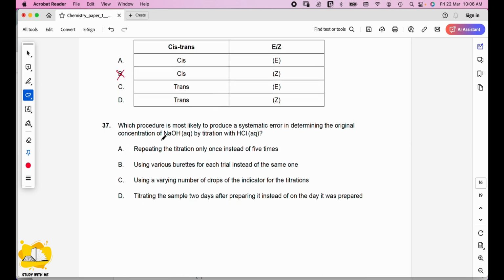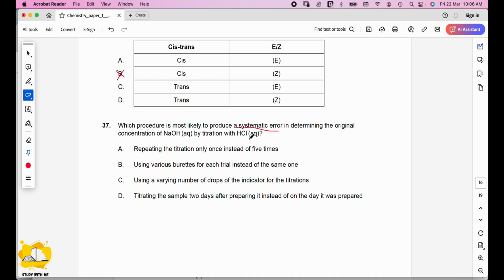Okay, which procedure is most likely to produce a systematic error? Systematic errors include measuring the volume of water from the top of the meniscus, overshooting the volume of liquid, or heat loss. Which procedure is most likely to produce a systematic error in determining the original concentration of NaOH by titration with HCl?